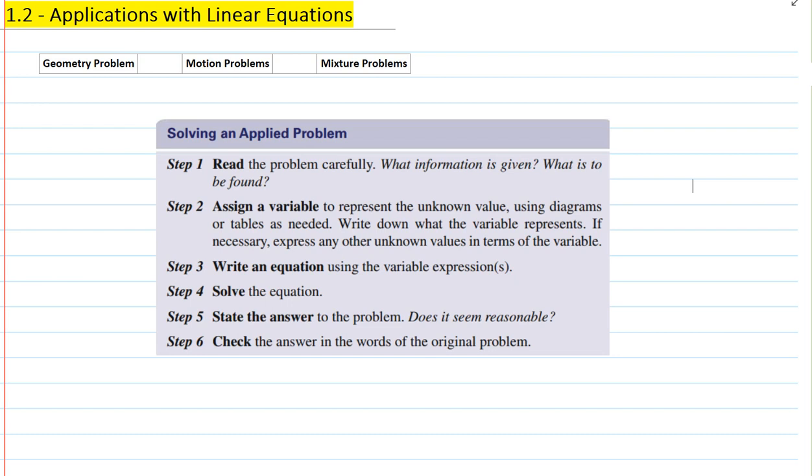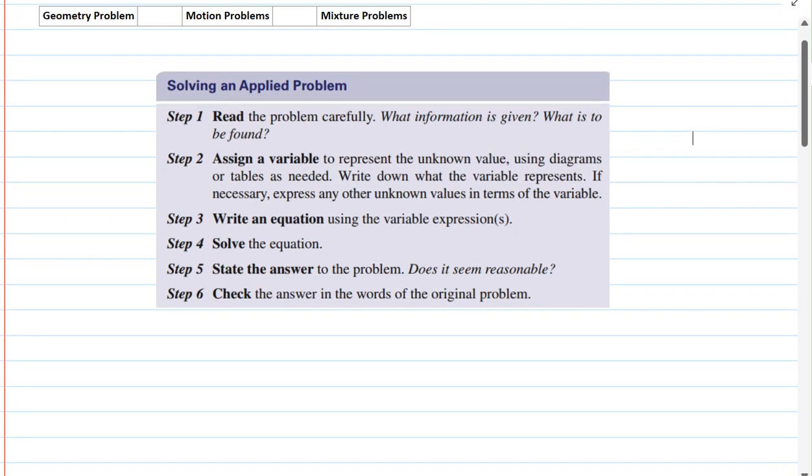Everything that we do subsequent to that, which is solving the problem and coming up with a proposed solution, relies on the fact that we have the right equation. So this is a very important step. And in step 4, the proposed equation from step 3, we're going to solve it. And of course, once we solve it, we have the answer.